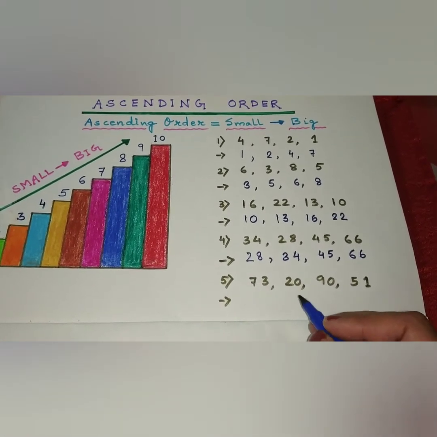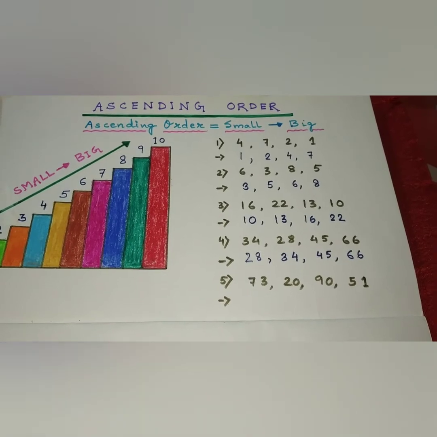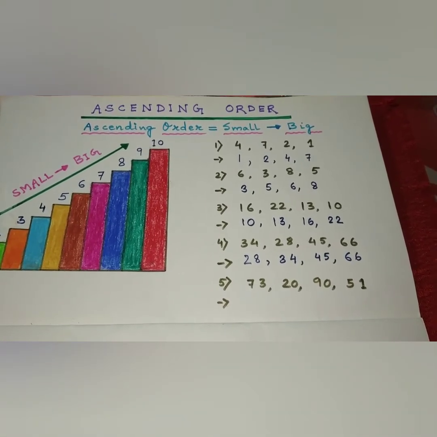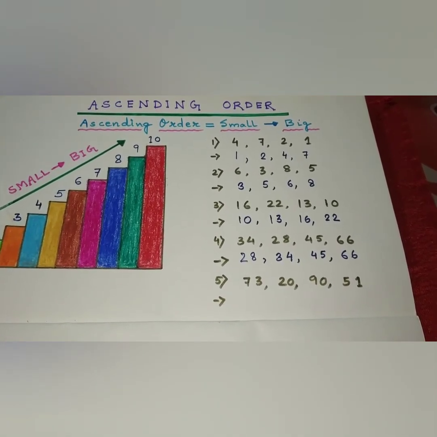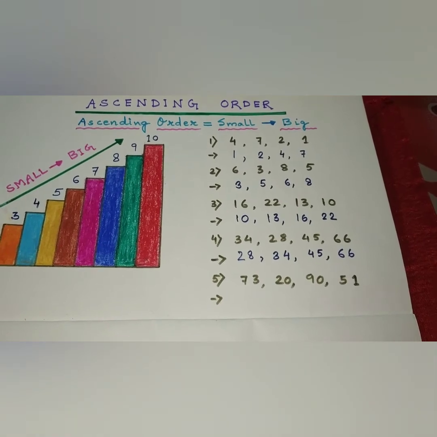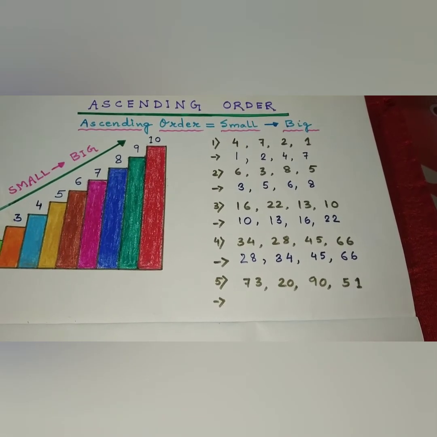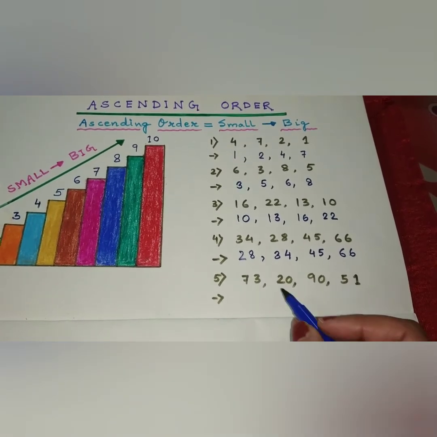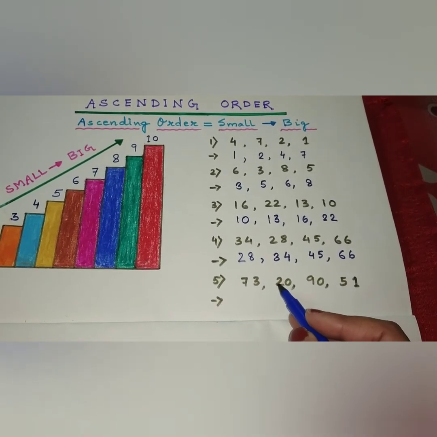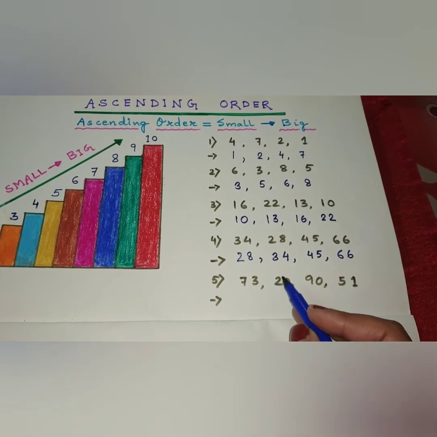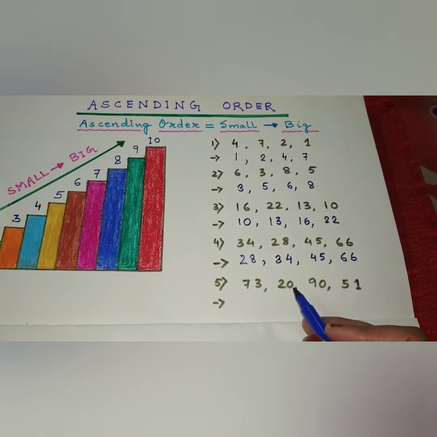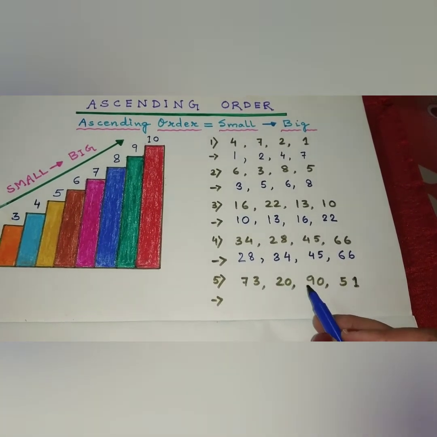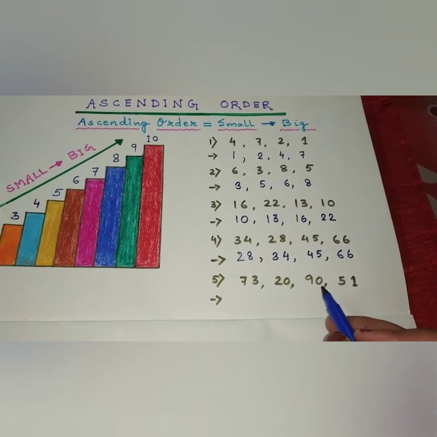Students, in example number 5, the second digit of 2 numbers is the same. I repeat, the second digit of 2 numbers is the same. Second digit means the number which is coming after the first digit. In 20, the second digit is 0, and in 90, the second digit is also 0.